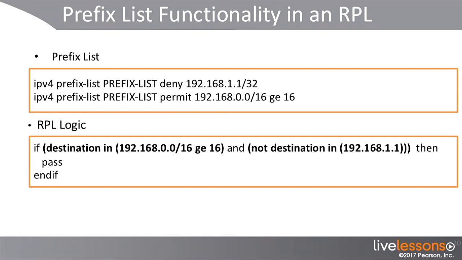For example, in RPL, you can simply define if the destination falls under the list 192.168.0.0/16, ge 16, and with the criteria that the destination is not 192.168.1.1. You're also performing a logical AND operation, and you are performing a match based on the prefix list, but you don't really have to explicitly define the prefix list in RPL.